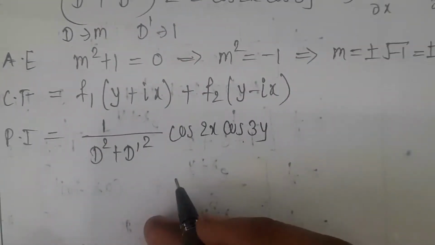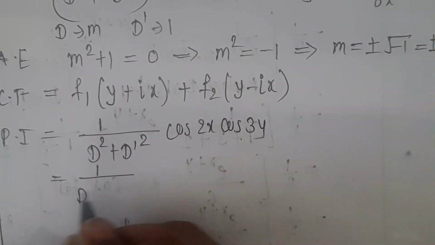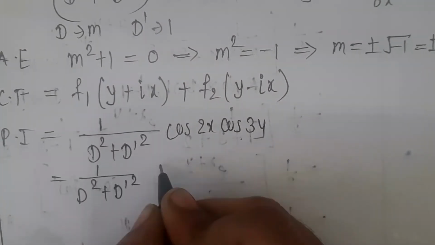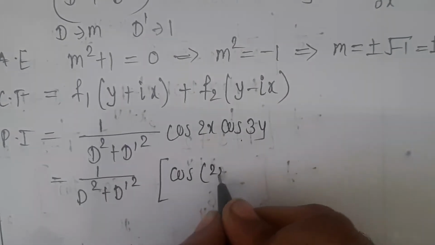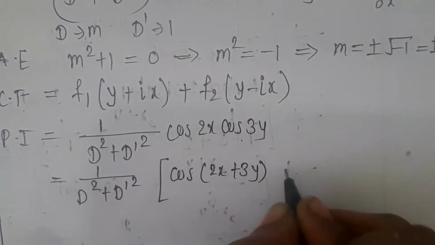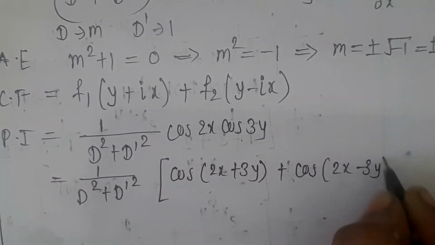So what is the formula for cos A into cos B? It is 1 upon d square plus d dash square multiplied by cos A into cos B, which is cos of A plus B, that is 2x plus 3y, plus cos of A minus B, that is 2x minus 3y.